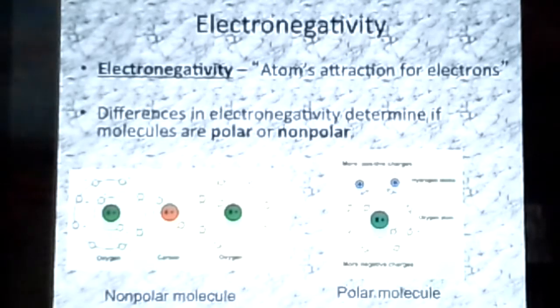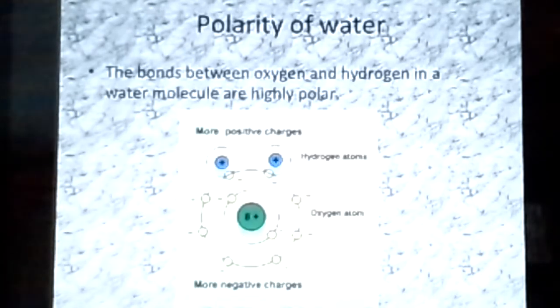If you're looking at a polar molecule like water, one side is positive and one side is negative. The difference between the positive and negative side determines how strong or how polar the molecule is. Water is highly polar because of the size difference between the hydrogen and the oxygen atoms.